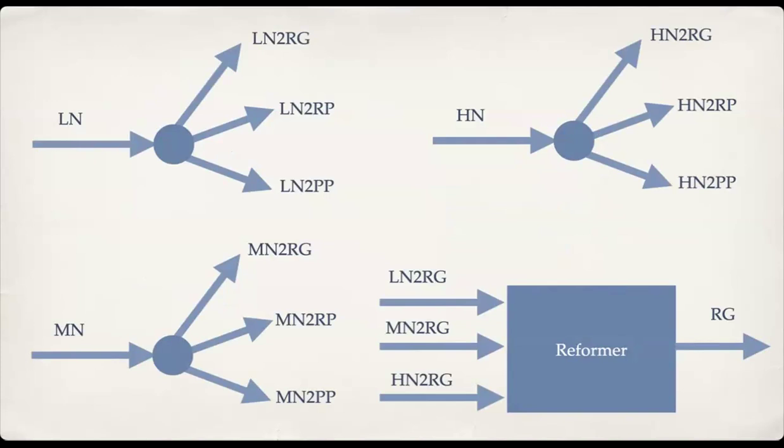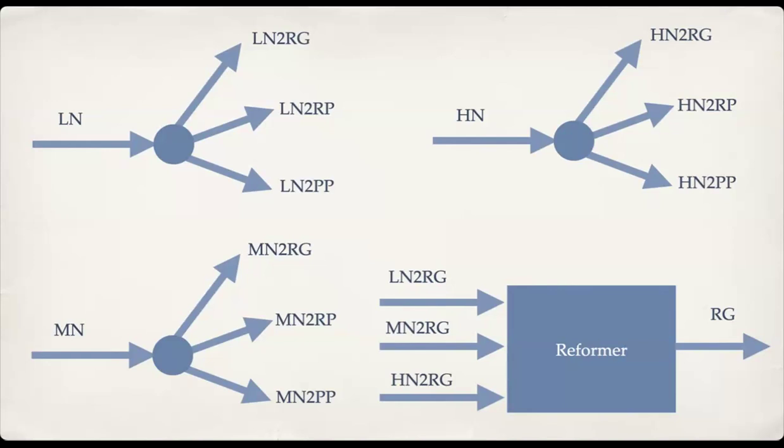The same for medium naphtha, right? It can be used to blend regular petrol, premium petrol, or it can be sent to the reformer. Also the same applies to heavy naphtha.